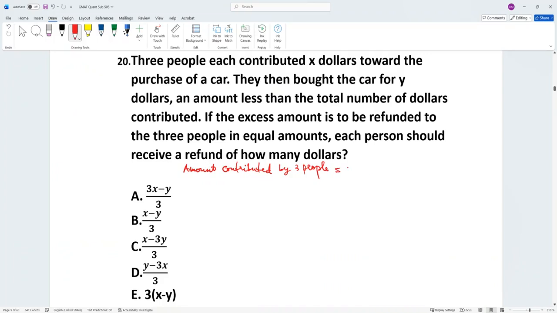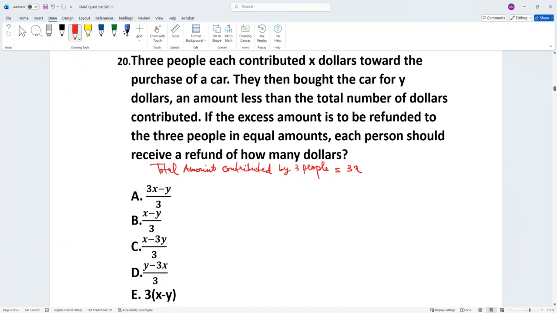is actually 3x, because it's equal to the number of people times the amount. So that here will be the total amount contributed by 3 people. It's going to be 3 times x, which is the amount each one gets. And then it says they bought the car for y dollars, an amount less than the total number of dollars contributed.